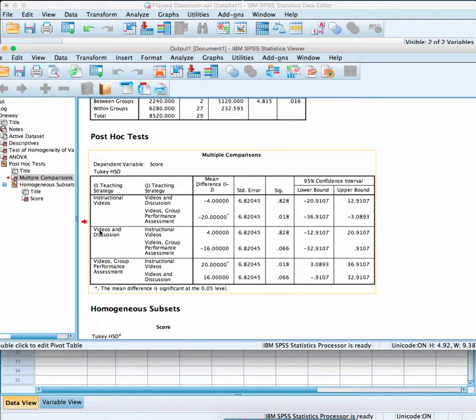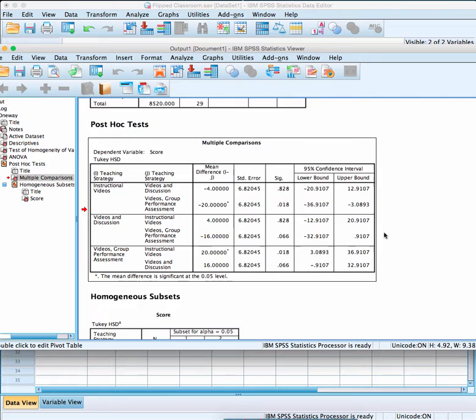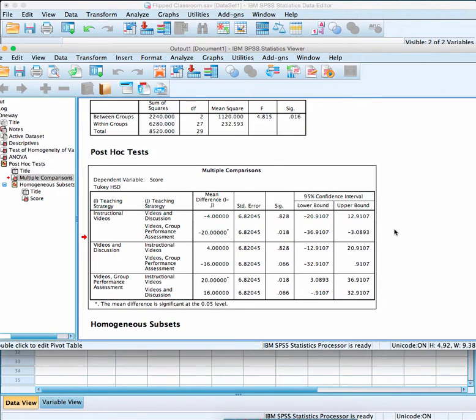Also, there's no significant difference between the video and discussion group and the video and group performance assessment group. So the only significant difference we see is between instructional videos, that group mean test score, and the videos and group performance assessment mean test score. So this is how we look at interpreting and analyzing our one-way analysis of variance output in SPSS.